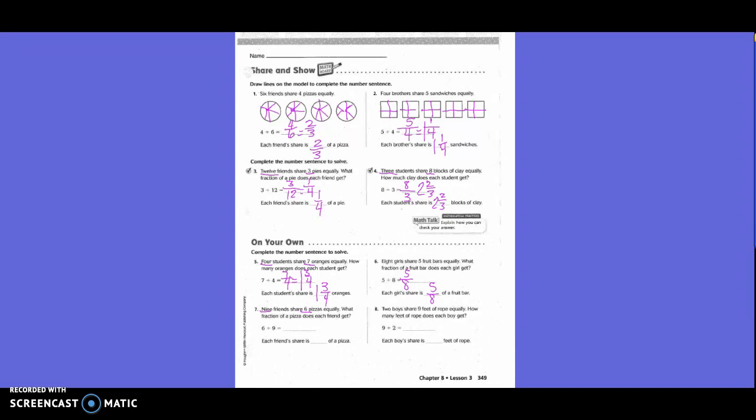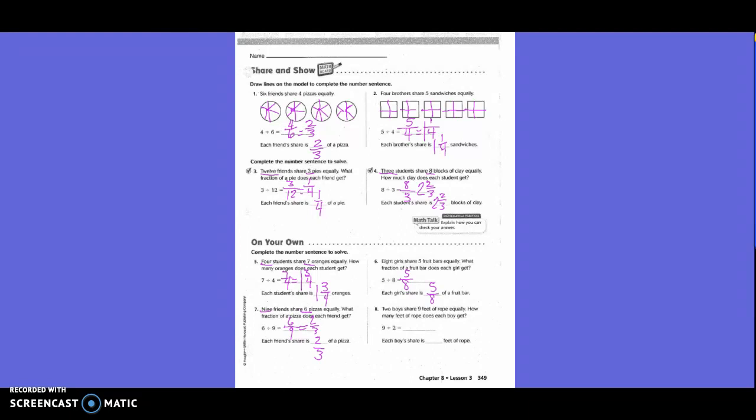So what is my numerator? 6, because that's also my dividend, right? What's my denominator? 9, because that's also my divisor. So what's 6/9 reduced? 2/3, because 3 goes into both of them. So each friend's share is 2/3 of a pizza.